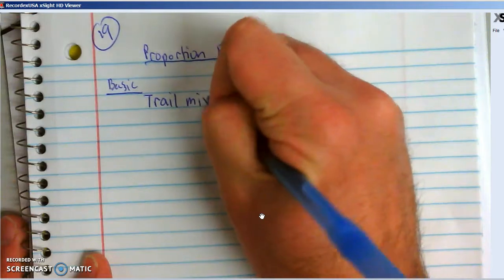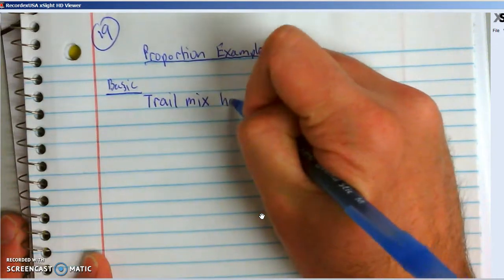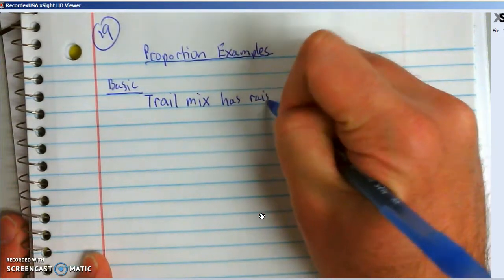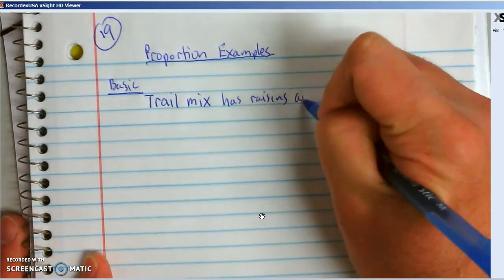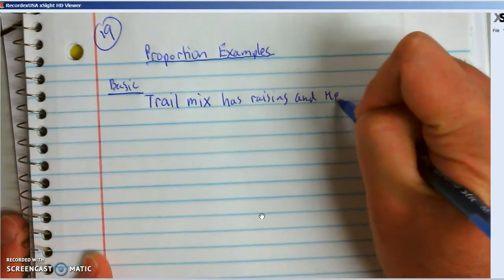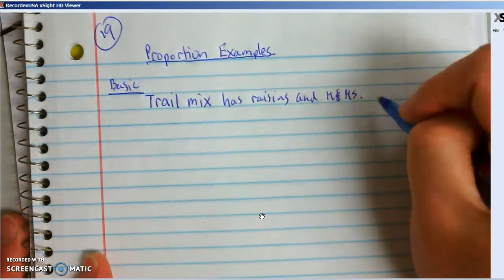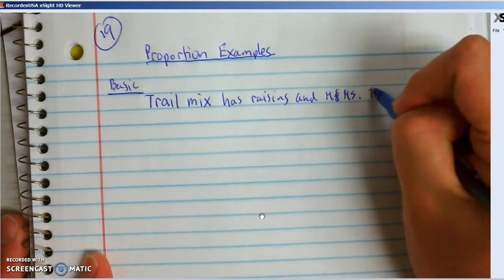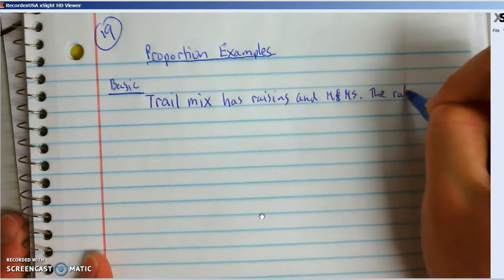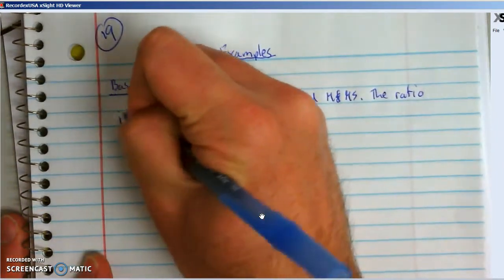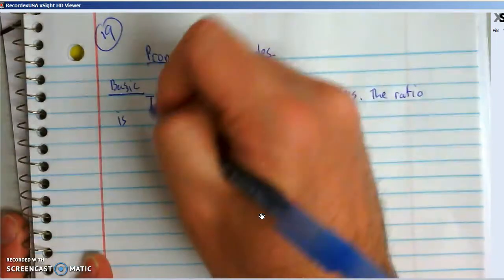Trail mix has raisins and M&Ms. The ratio is 3:2.